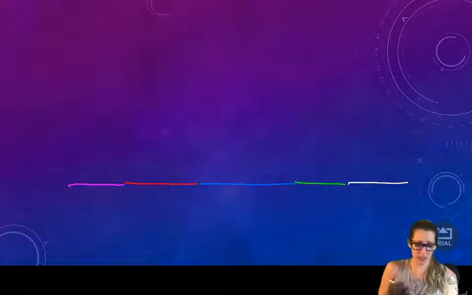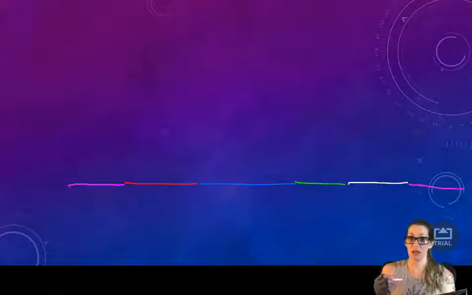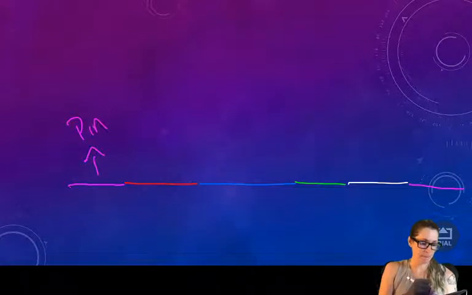Over the course of time, let's say that pink gene gets duplicated. Now we have 2 copies of pink gene in our genome. Pink gene makes pink protein.